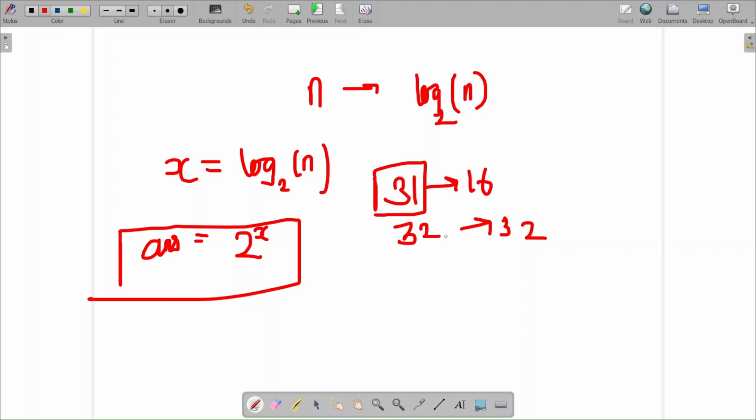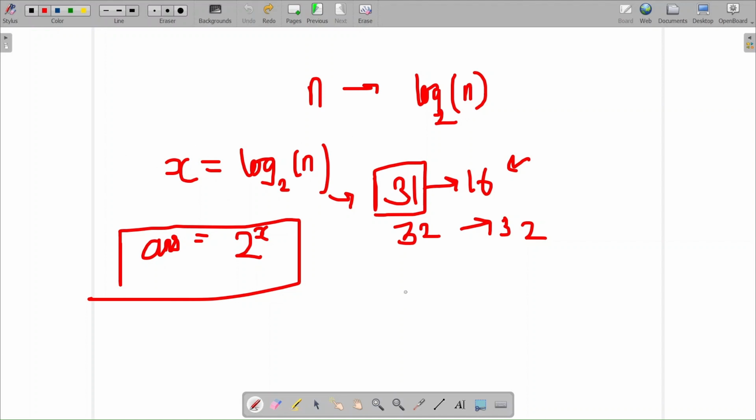The nearest power, which is less than 31. The nearest power, and 2 raised to it should be less than 31. So it is 16. So by applying the logarithm, when you are given an n, you find its logarithmic power.